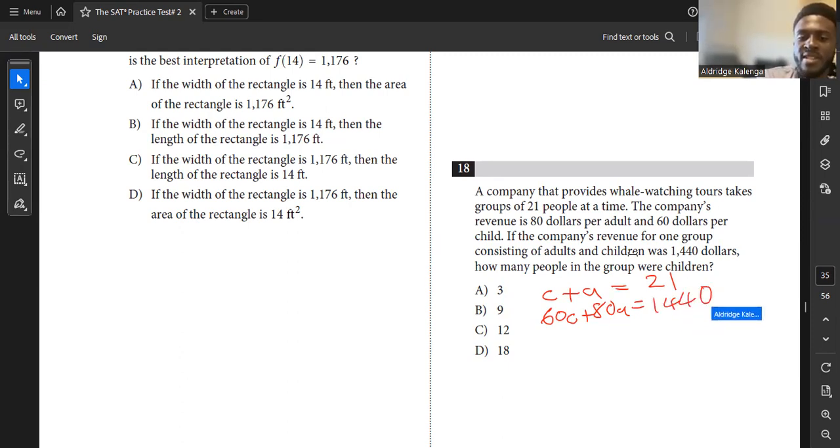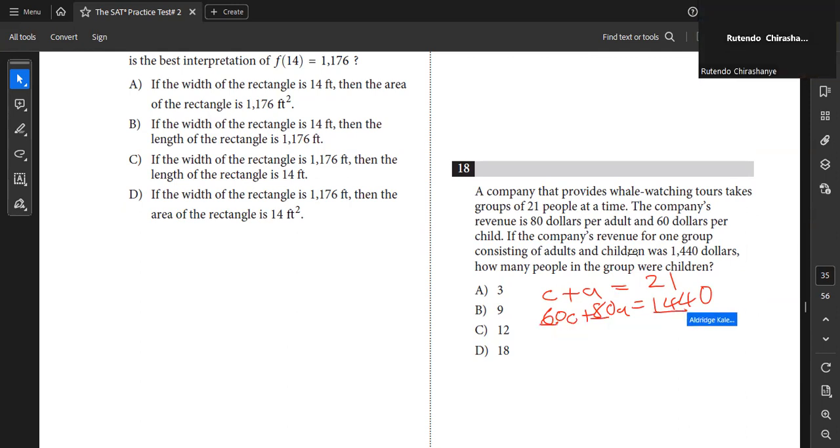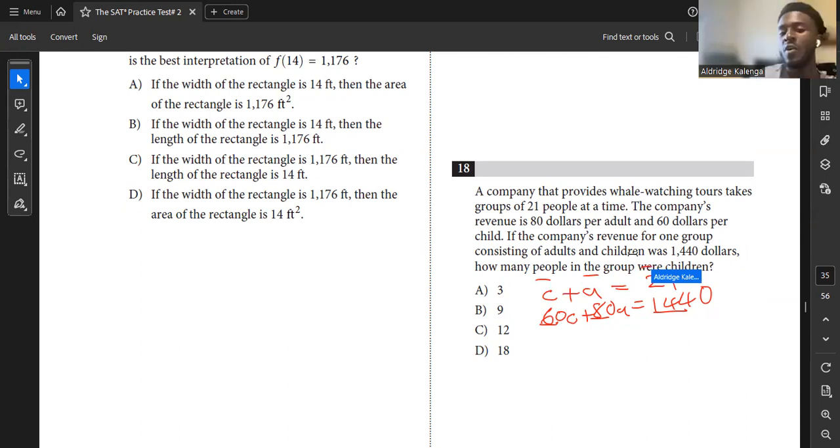The money is in one equation, and the people, children plus adults, were 21 people. So you group the like things together: people together, and money together. You guys let me know what you find real quick.